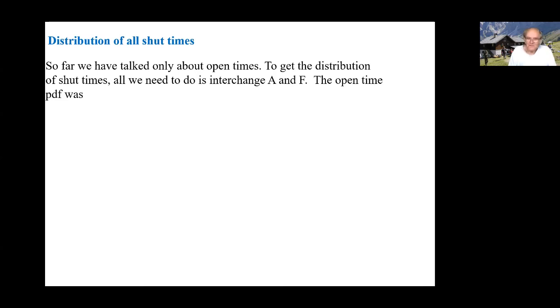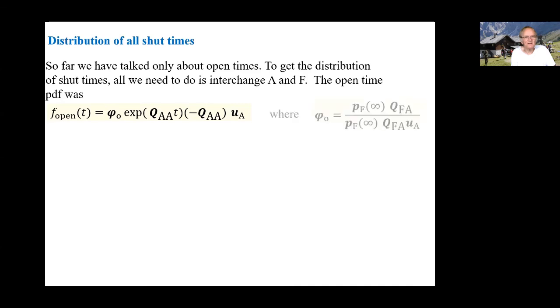Well, there's the incredible elegance of the matrix notation, because to get the distribution of shut times, all we need to do is interchange A and F. So the open time probability density function was that, with initial vector given by that, everything you can calculate from the Q matrix. And its mean was that, which just involved the inverse of QAA.